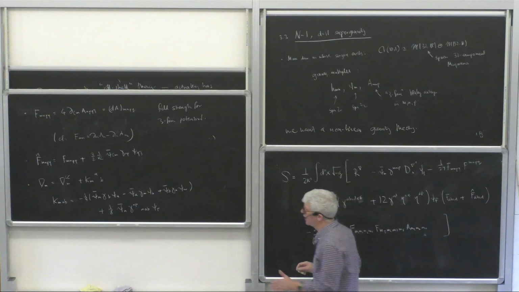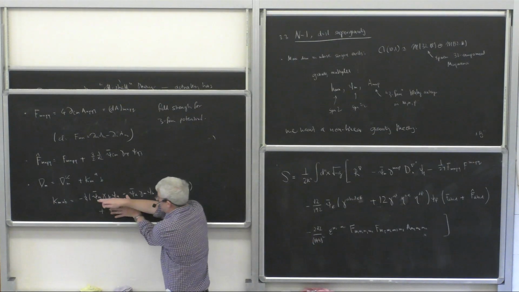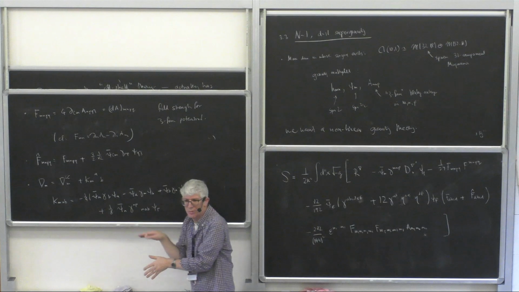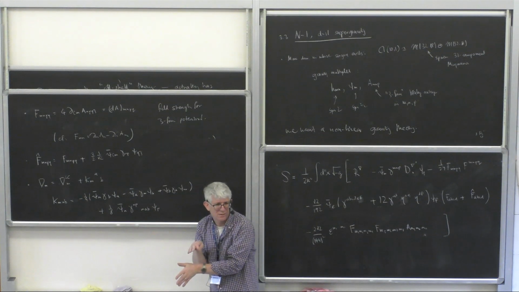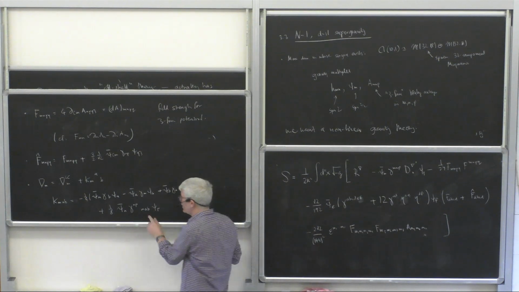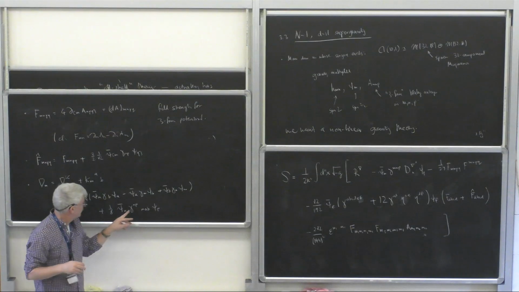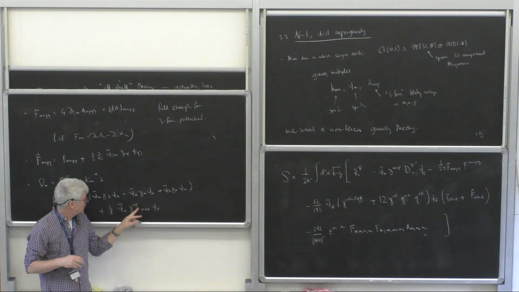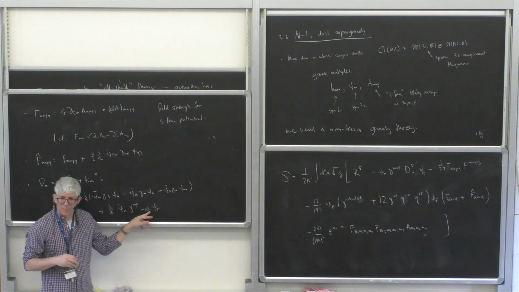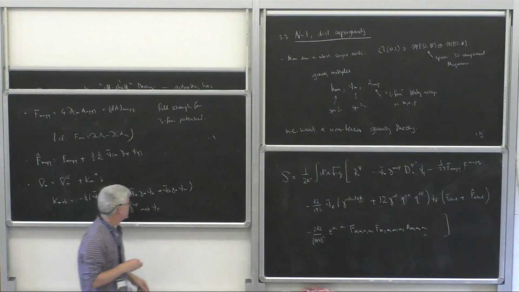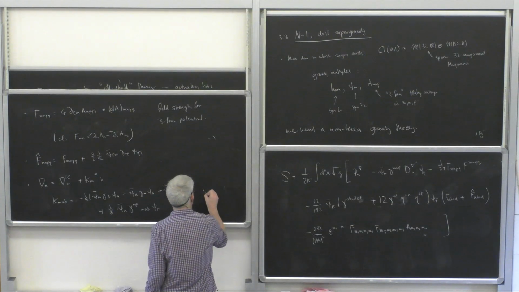Okay, this bit is exactly what we had in 4 dimensions, the second expression. This bit would vanish in 4 dimensions because it's a gamma matrix anti-symmetrized over 5 things. So this bit's universal.